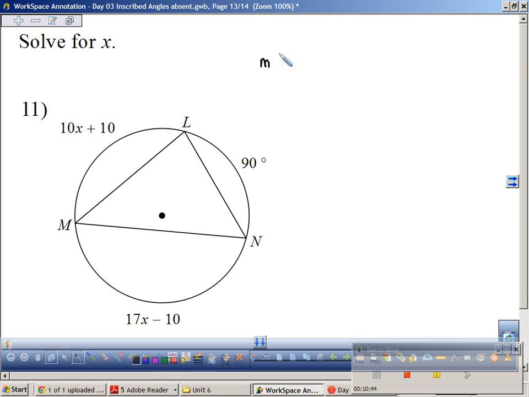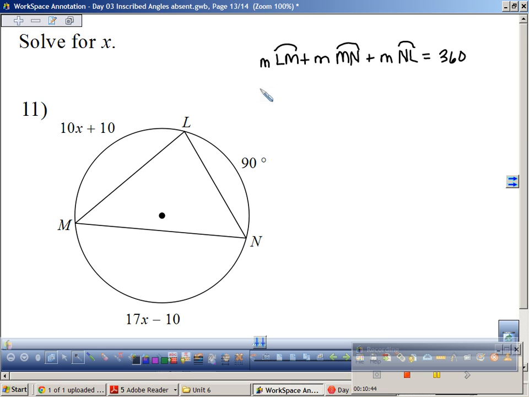The measure of arc LM plus the measure of arc MN plus the measure of arc NL all equal 360 degrees.